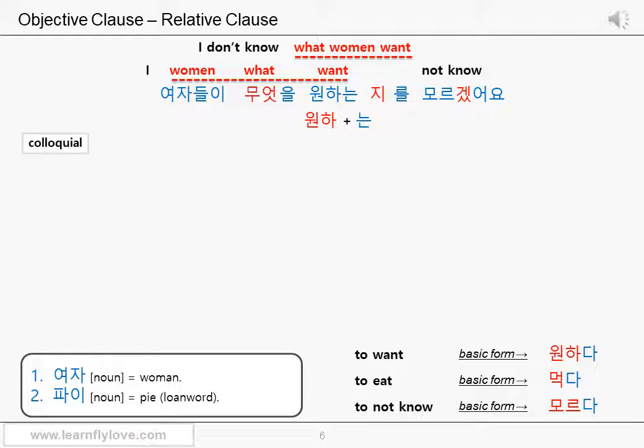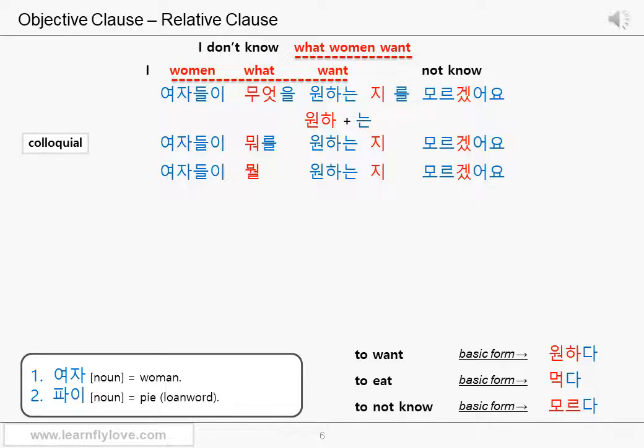When you actually speak, you often drop object particles. Let's get rid of one of the object particles from 지. And 무엇 can be shortened to 뭐. You know that. 여자들이 뭐를 원하는지 모르겠어요. Sounds good. 뭐를 can be shortened to 뭘. One more time.